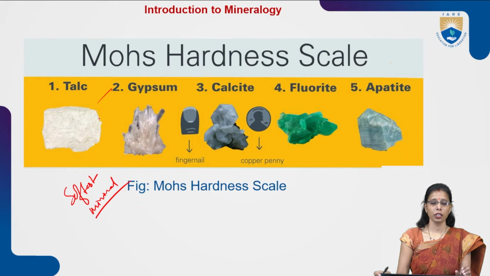As compared to talc, the second one is gypsum. Gypsum is the second softest mineral, but talc is the softest. Then after gypsum you have calcite, then fluorite, then apatite.